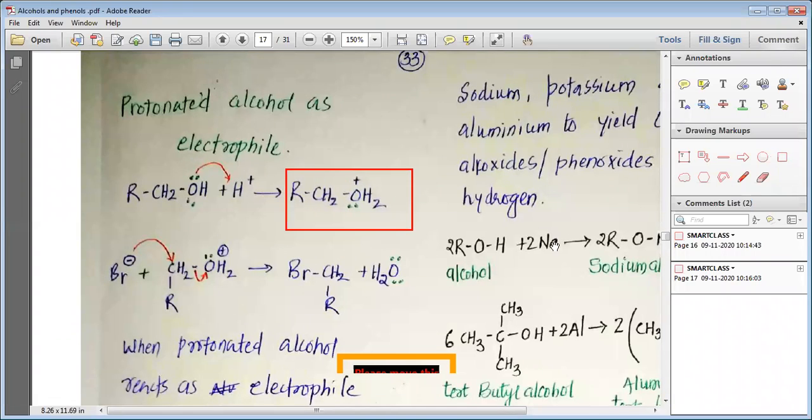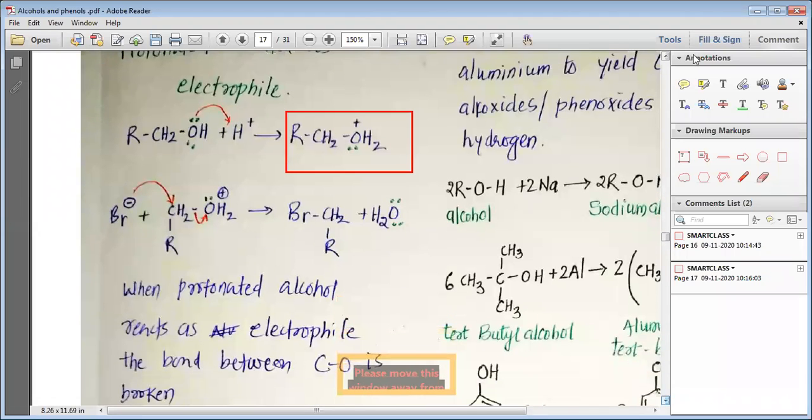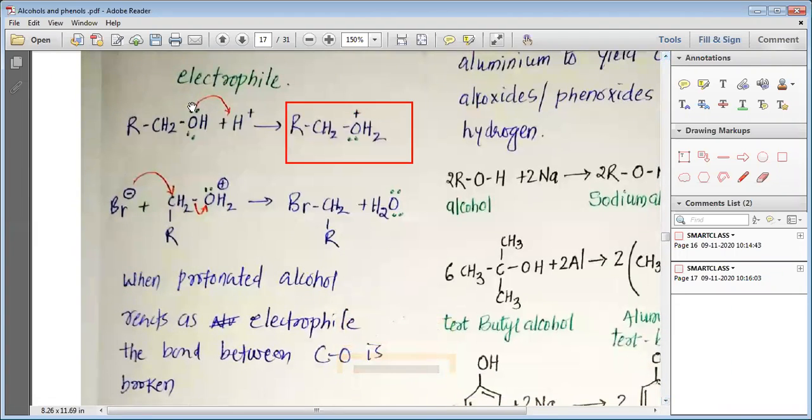This protonated alcohol is attacked by the nucleophile so that we can get the final product. You can see that RCH2OH is converted to RCH2Br. So this is a kind of substitution reaction.